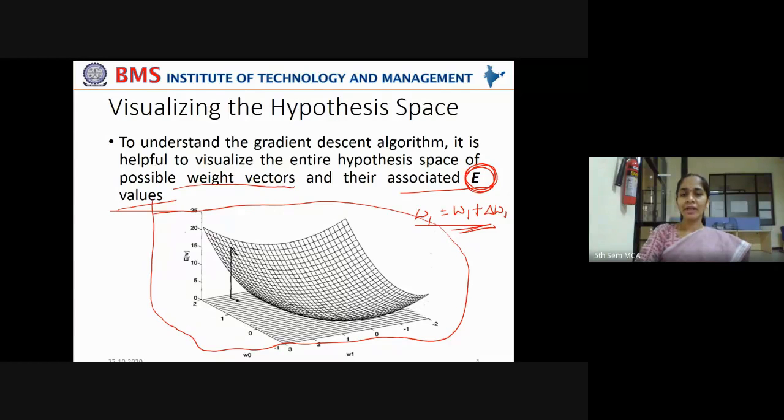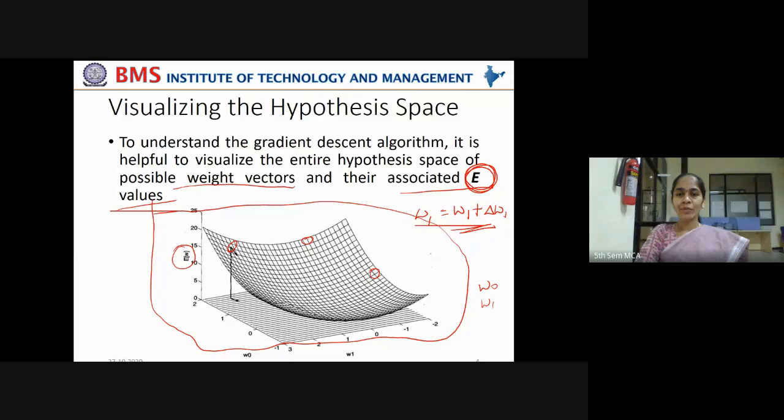See, the x and y axes here represent W0 and W1, whereas the z axis, the projection upwards, represents the error. Now when you try to fold this entire space like a cup, what you're trying to represent here is, initially you may be somewhere here or here or here in predictions.